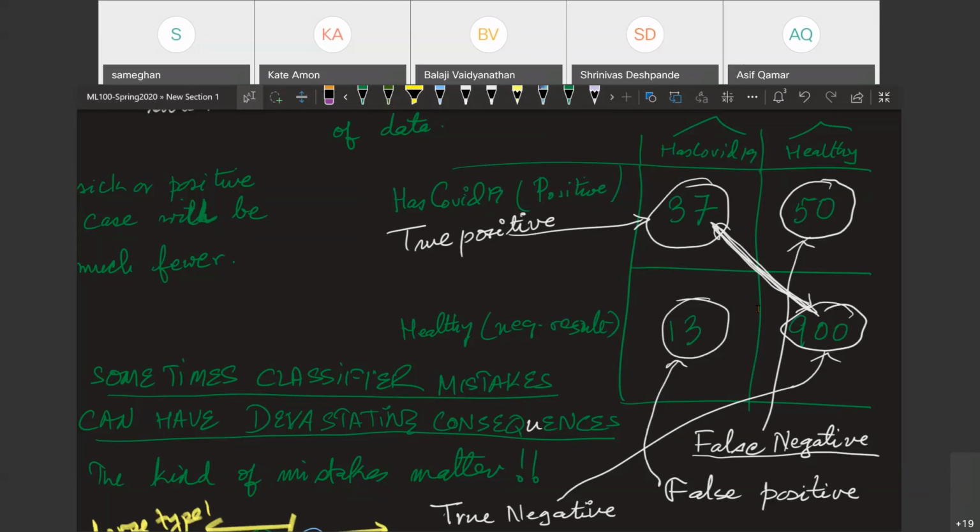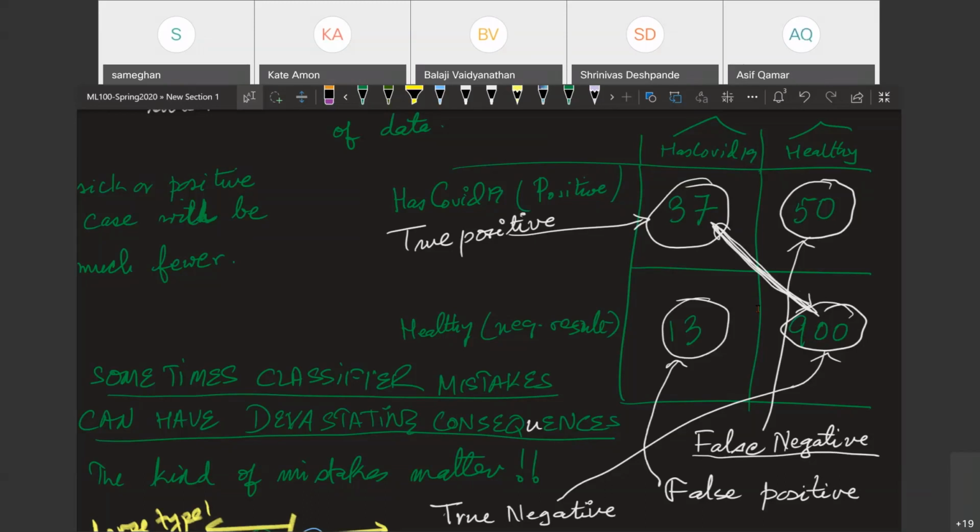So all I do is look at a person, call them privately and say, now I'm going to disclose your result, and then say you're totally healthy, irrespective. Then what will happen? I will be wrong about those 87 people, and I would have declared 913 people who are healthy as healthy.